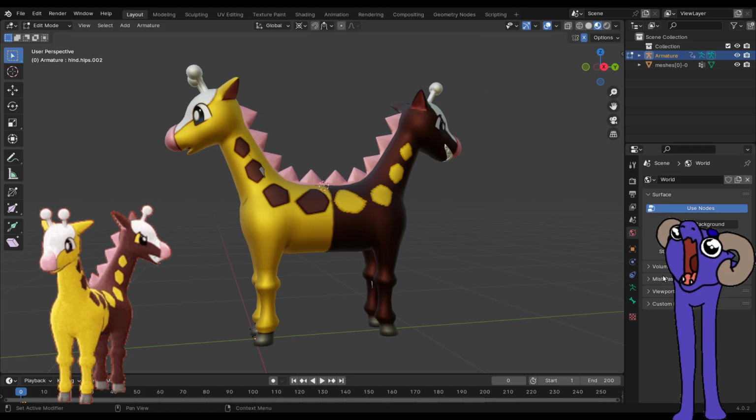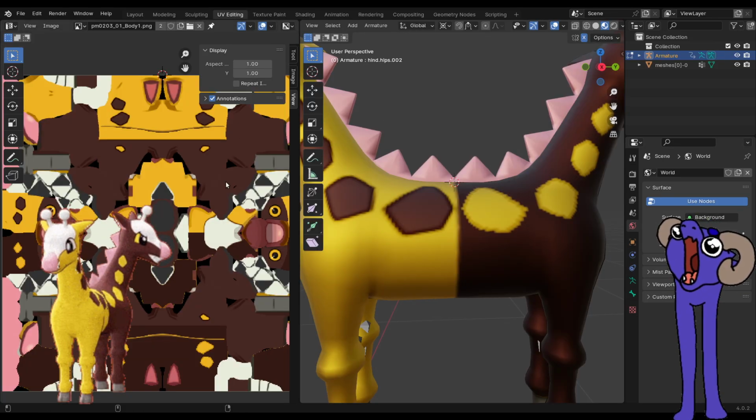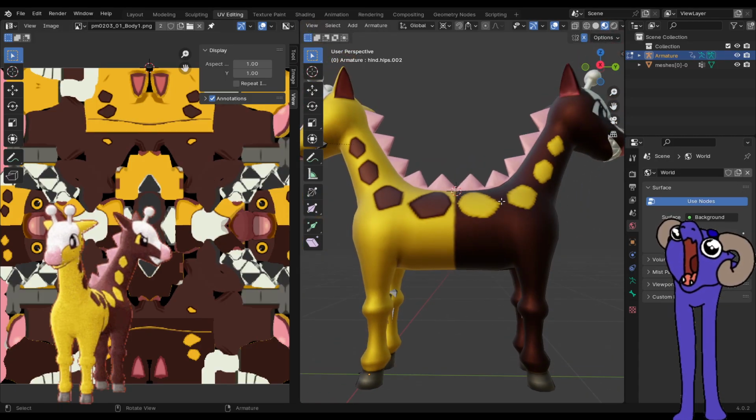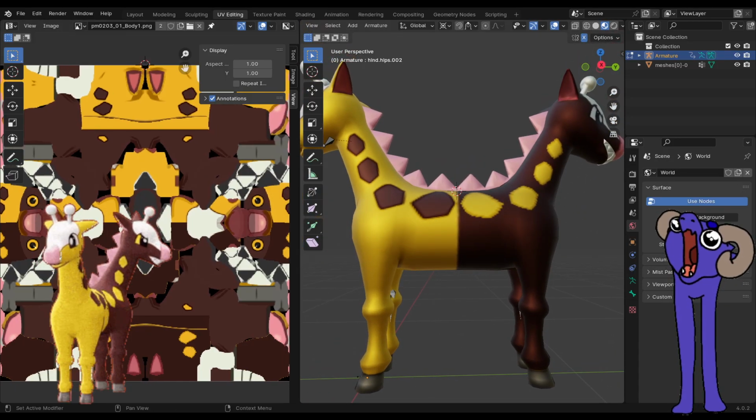Does this look bad or is it fine? Let's have a look at this. So if I load in that texture, that looks worse.